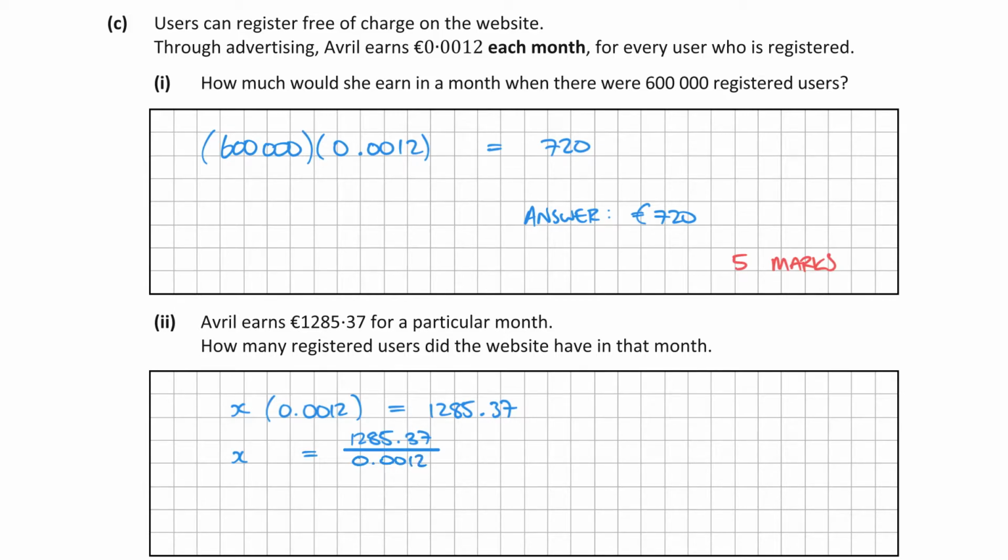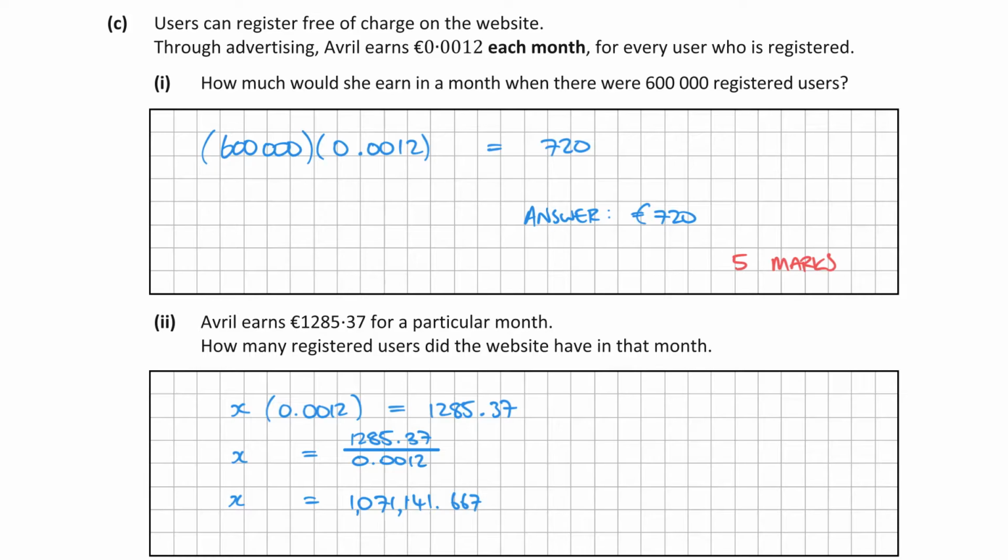If you do that, you should get an answer of X is equal to 1,071,141.667. Okay, so just put in my little commas there so I can see. So how many registered users did the website have in that month?